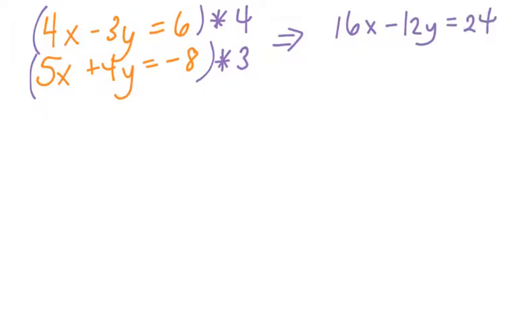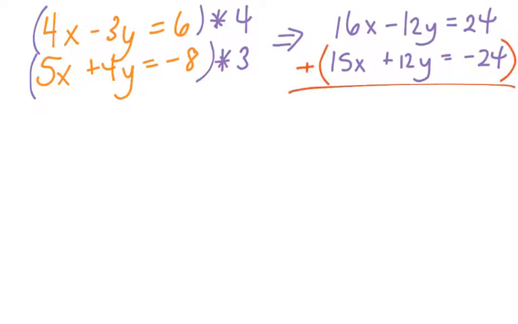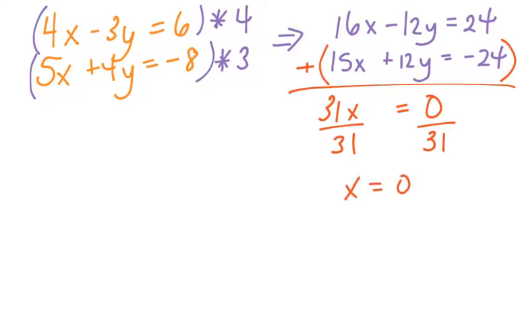And for the second equation, we get 15x plus 12y equals negative 24. And now I can solve this with the addition method. I can add those two equations together, and I end up getting 31x equals 0. So divide both sides by 31, and we get that x equals 0.